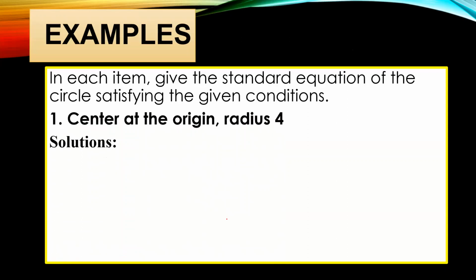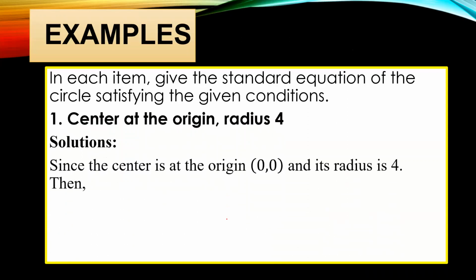So we have the solutions. Since the center is at the origin, the coordinate will be (0, 0). Why? Because the coordinate of the origin in a Cartesian plane is (0, 0). And its radius is 4.